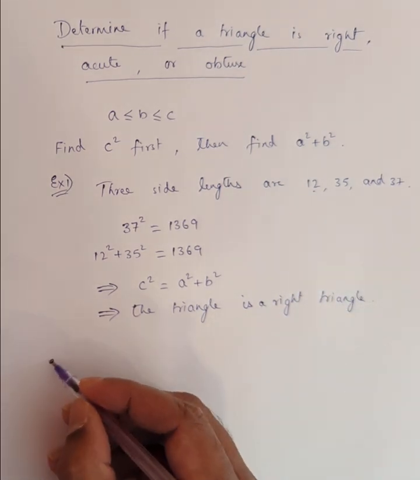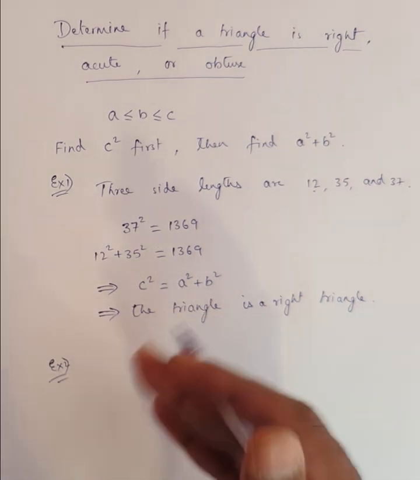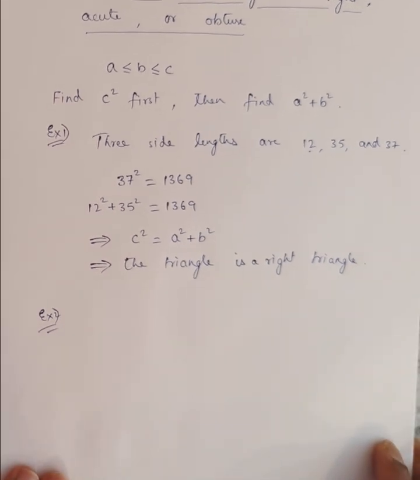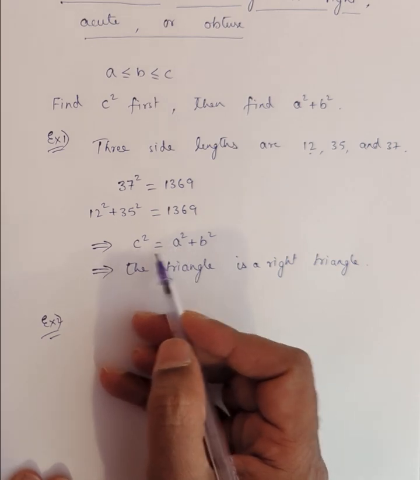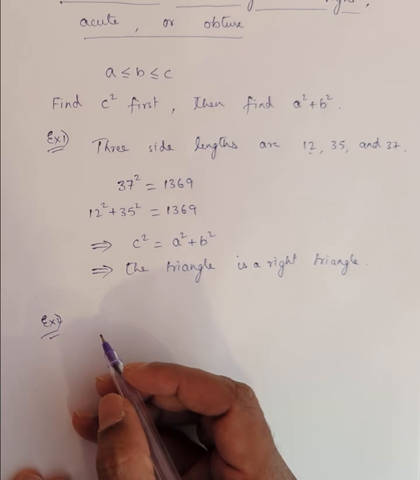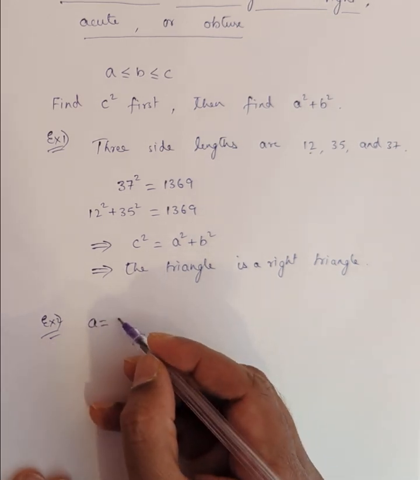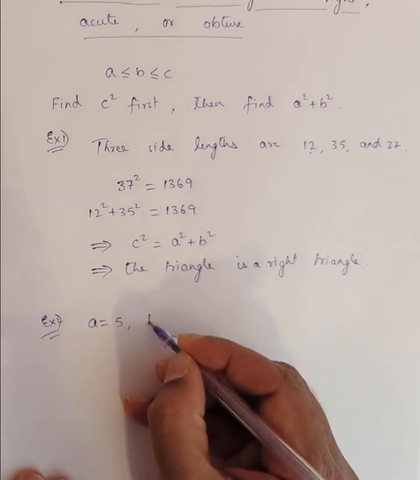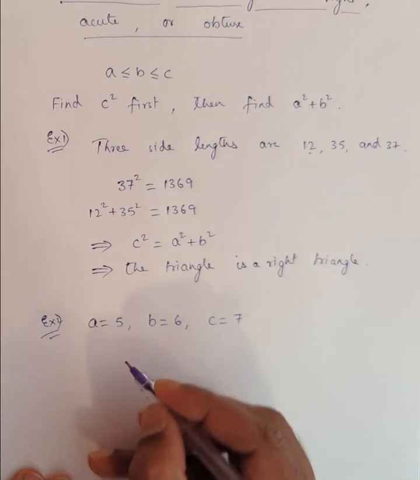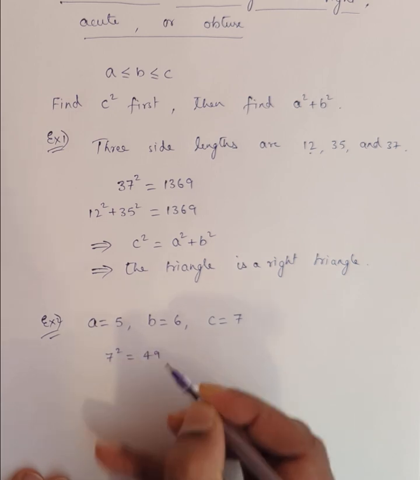Now let's look at one other example. C square could be either equal to A square plus B square, and we will look at two other examples where C square is less than A square plus B square and C square is greater than A square plus B square. So let's say A equals 5, let's keep the numbers small, B equals 6 and C equals 7. C square, 7 square, is just 49.